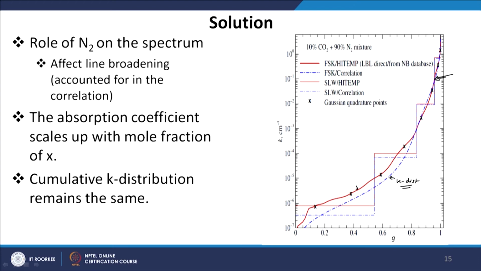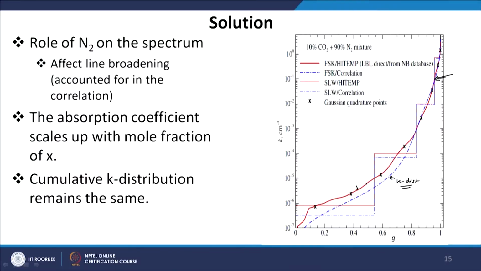So, one K distribution is evaluated from correlations and another is evaluated directly from the absorption coefficient data, from high temperature line by line data. This is the actual K distribution, this is the fitted data from correlations, and this matches well. We obtained the K distribution as I outlined, first by correlations and then by scaling the absorption coefficient by the concentration of CO2.